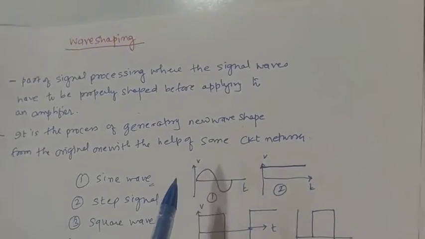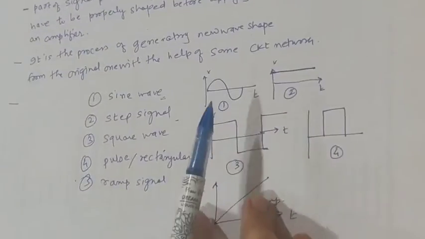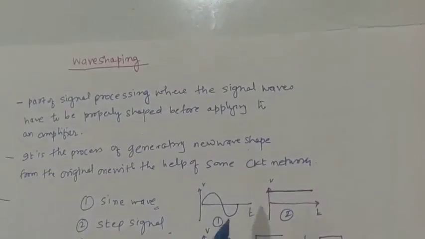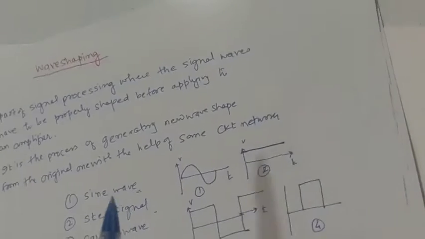Now in the process, there are certain points that we need to remember. In this process, the output may vary in shape from the input, due to the influence of circuit elements, and this influence can be calculated by two parameters.